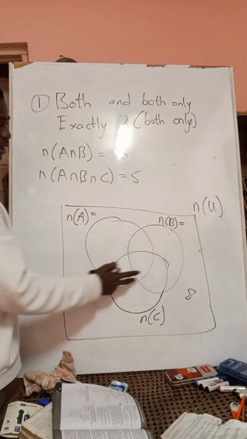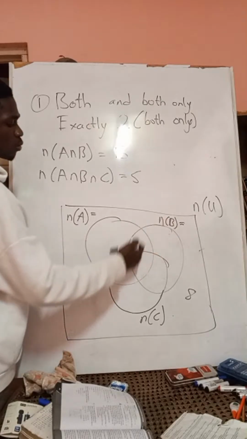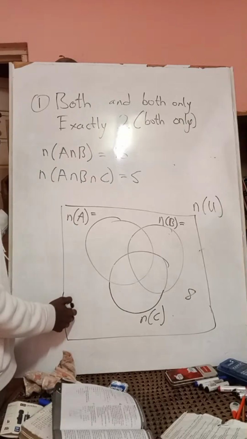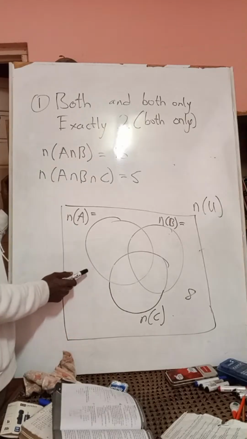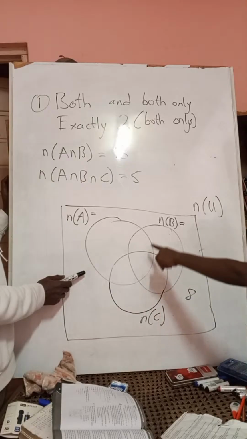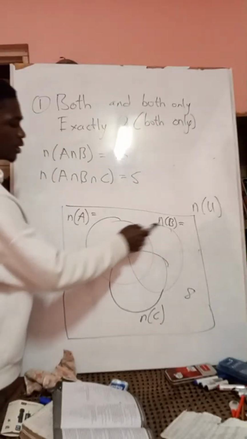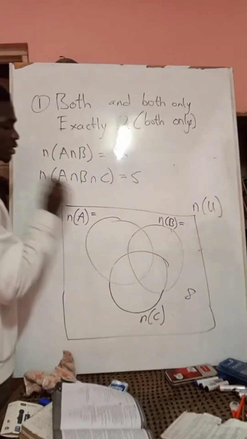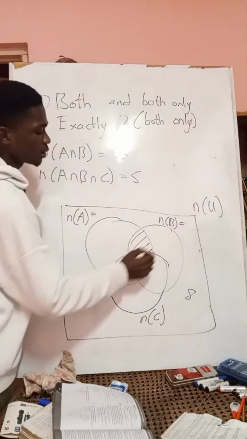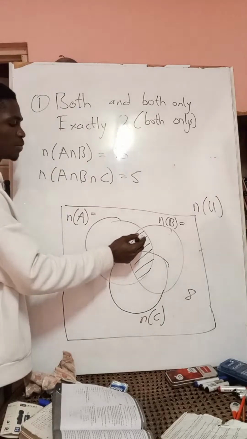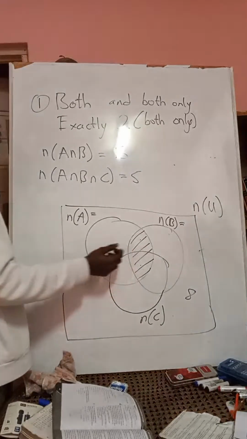A is this one. What is B? B is this one. Where do they meet? This side and this side. Because see, they meet here. So this is the region for intersection. You shouldn't forget it.